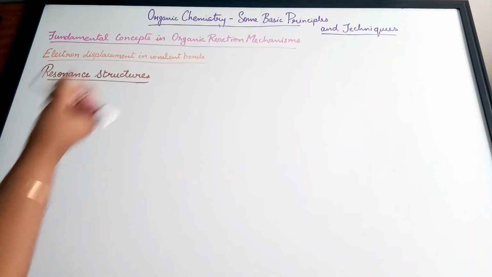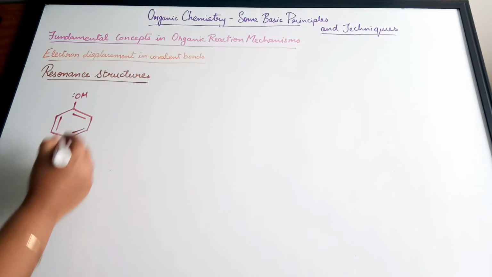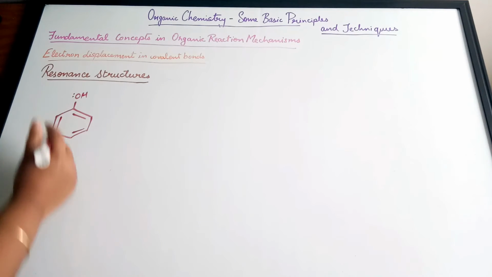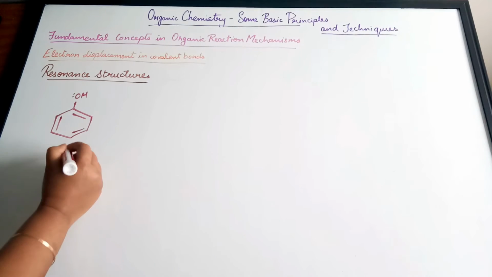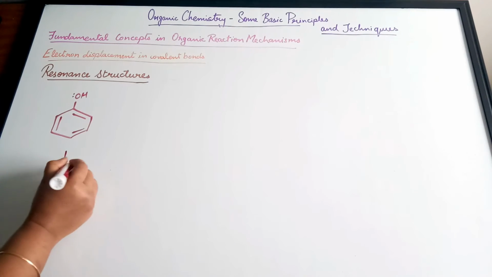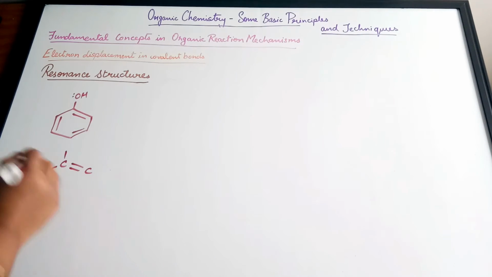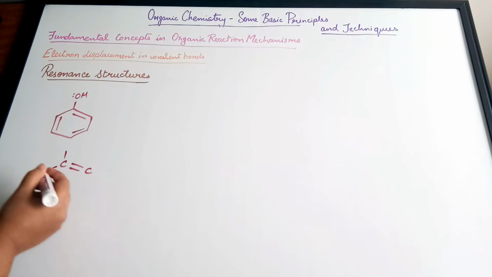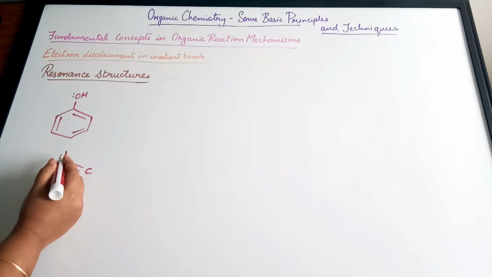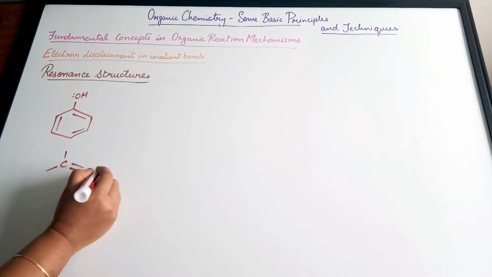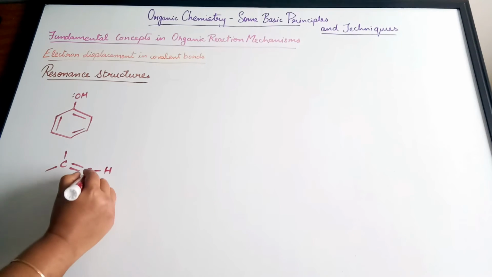Now first, below each structure I will also write the carbon atoms which are involved. So here we have these carbon atoms involved, and because this carbon atom is already bound to an OH, it does not have a hydrogen attached to it, but this one does.